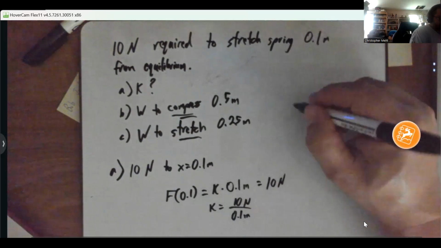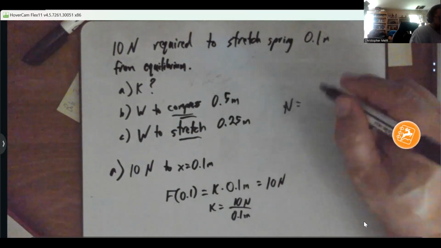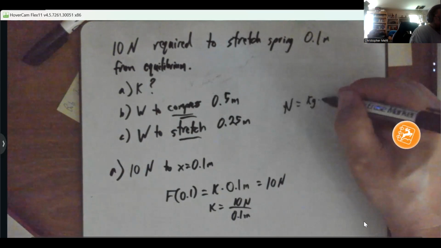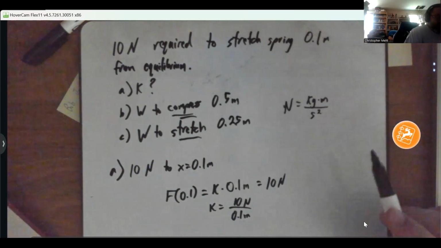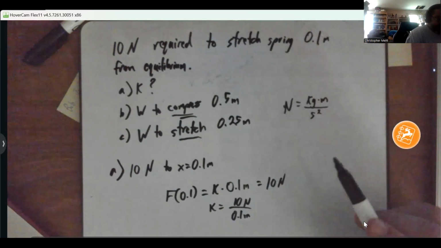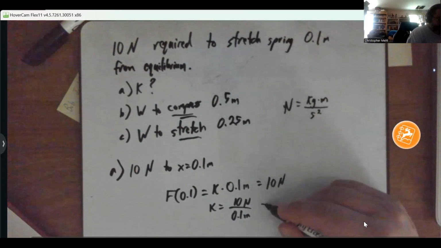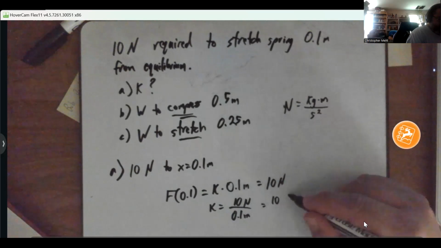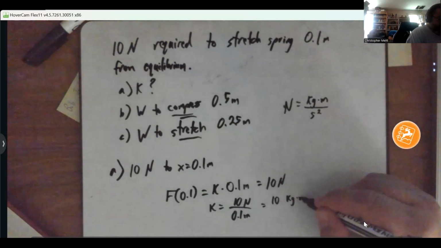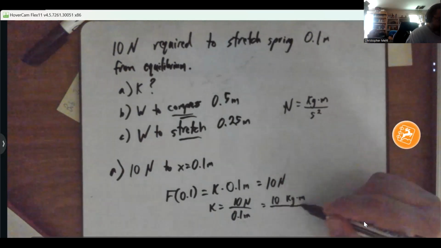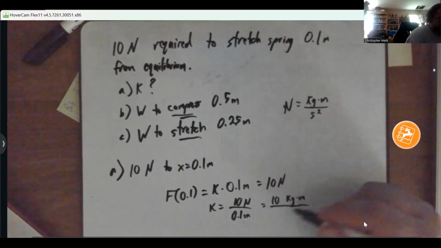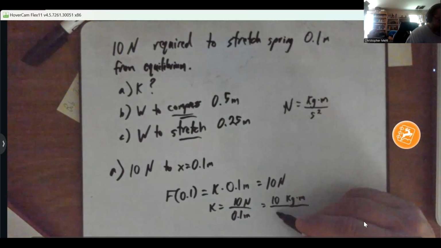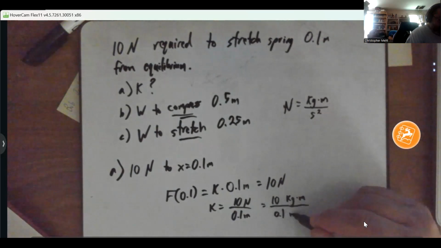And if you're interested in the units, which you should be, right? Newtons is kilogram meters per second squared, from Newton's second law. So this is 10 kilogram meters per second squared divided by 0.1 meters.